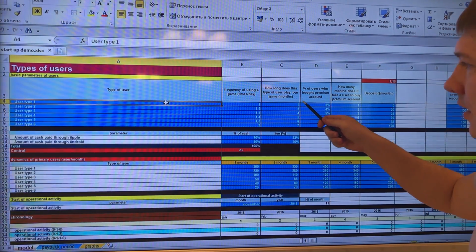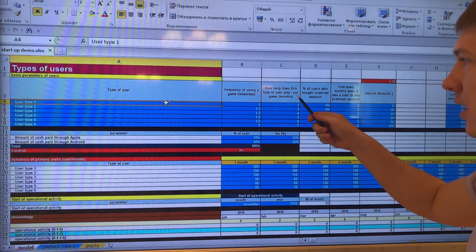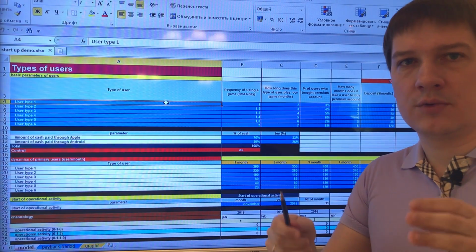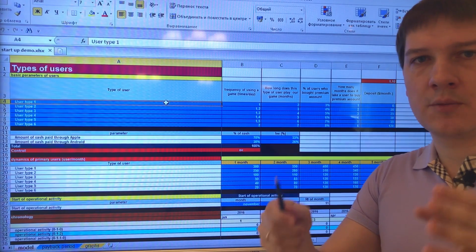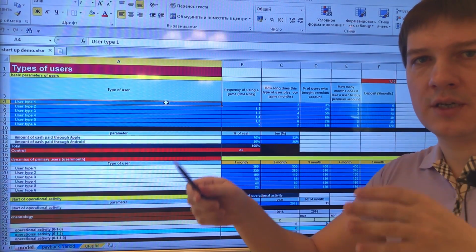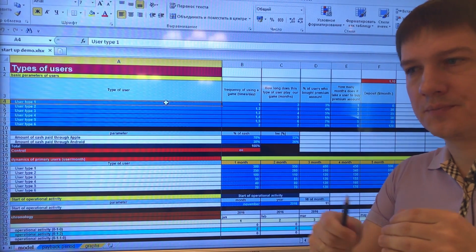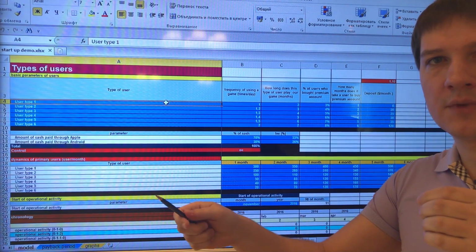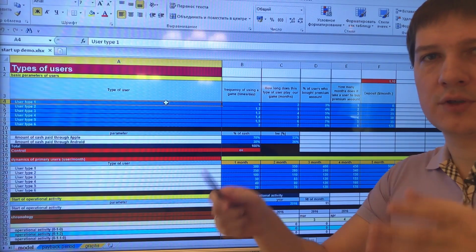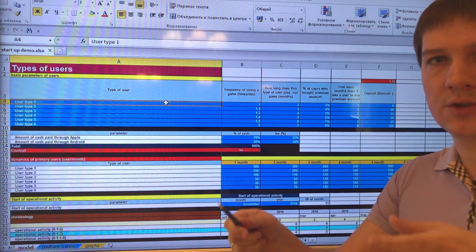Then another important parameter is how long this type of user plays our game. As I already told you, some people will stay with you for a month, some for 6 months, a year, 2 years, and during this period of time they spend different amounts of deposits buying additional features.